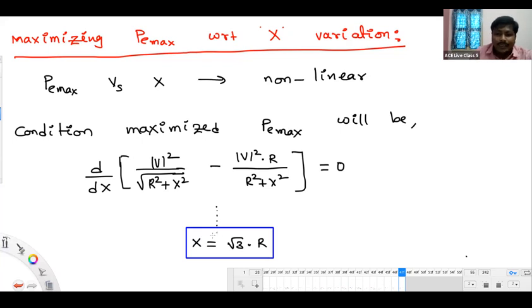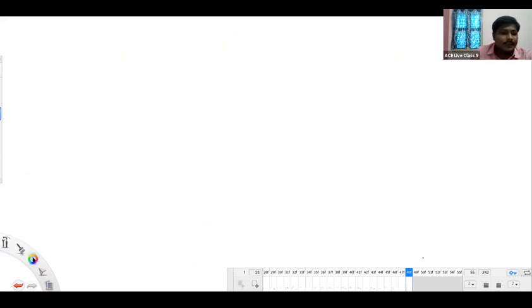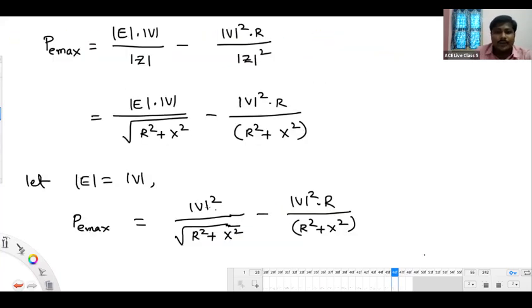Now, simply keep this x equals root 3r in the equation of PE maximum. So I can write the PE maximum value by keeping x equals root 3r. Now, what can you write? Mod v square by root of r square, r you keep as it is. The resistance value you keep as it is, only the reactance you replace with root 3r.